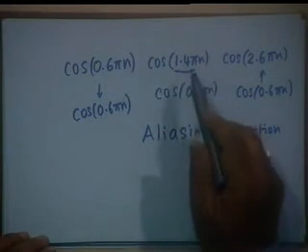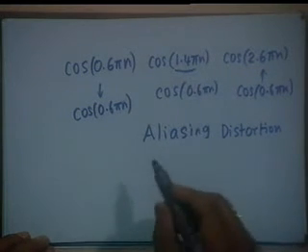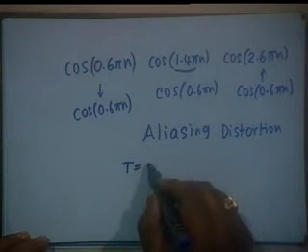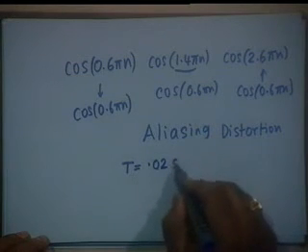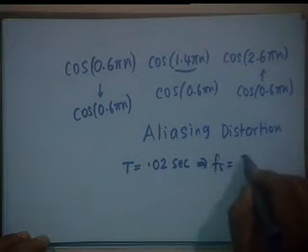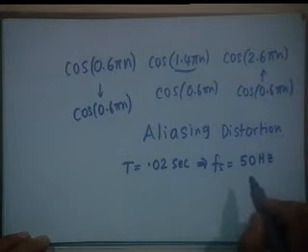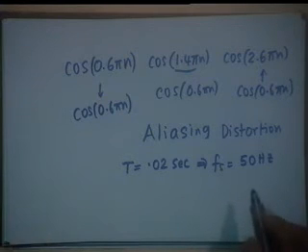If this is less than pi, then there is no problem. For example, suppose capital T is 0.02 second, that is Fs equal to 50 Hz. All right. Then what will be the signals?